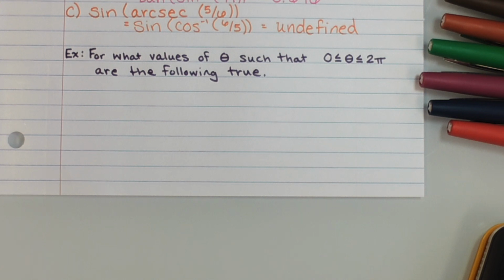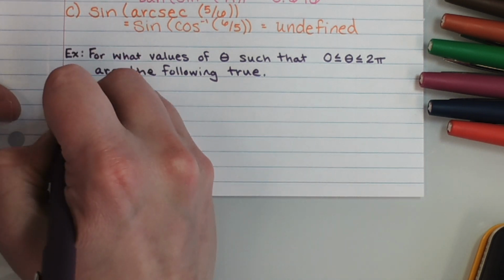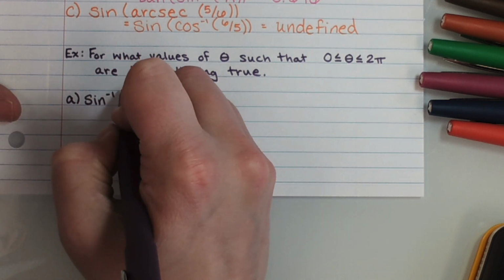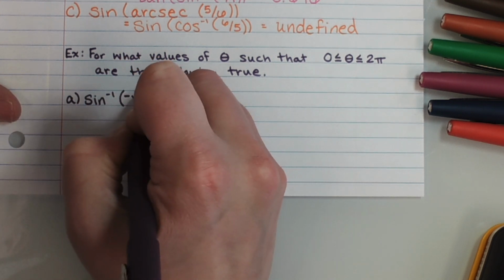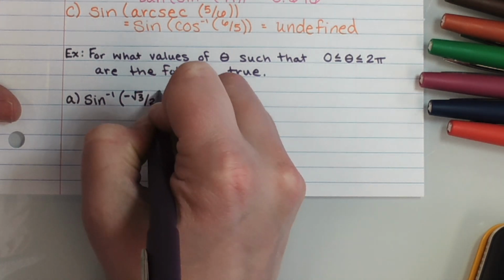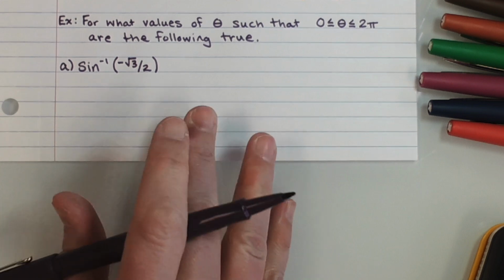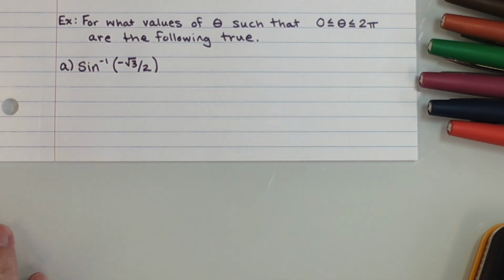But I just gave you a hint right there. 0 to 2 pi is the angles that fit on the unit circle. This is a unit circle based problem. It'll be similar in idea to how we started some of the problems before, where we just recognized that we could put it in our calculator.